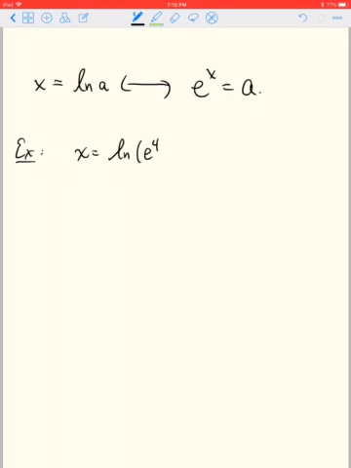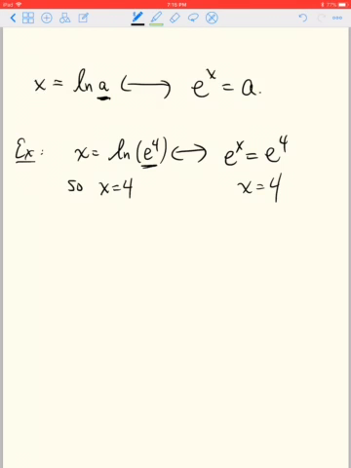So let's do some examples. So what would, if x equals the log of maybe e to the 4th, well, that should be true. Let's use our formula. So if x is a log of a, then that should mean e to the x equals that number a. So what was a? Well, in this case, e to the 4th.